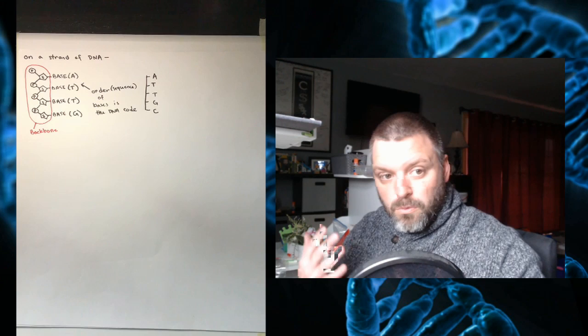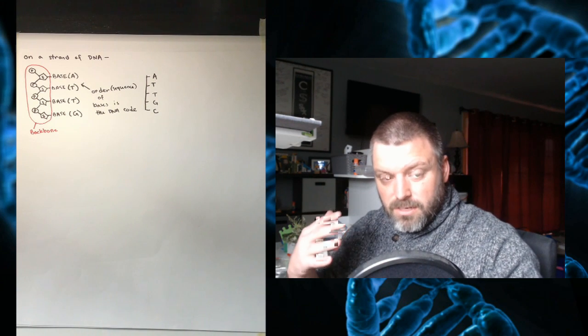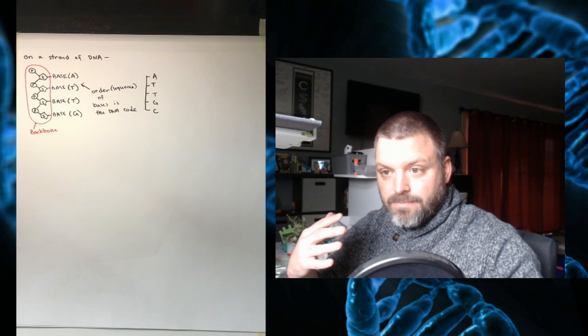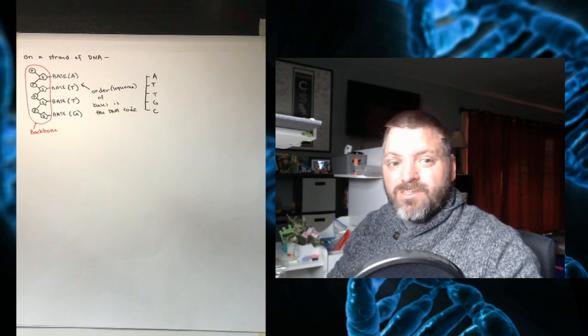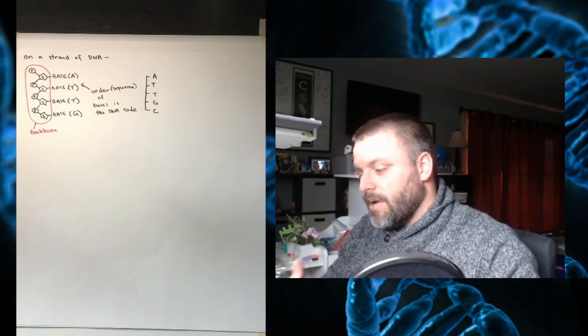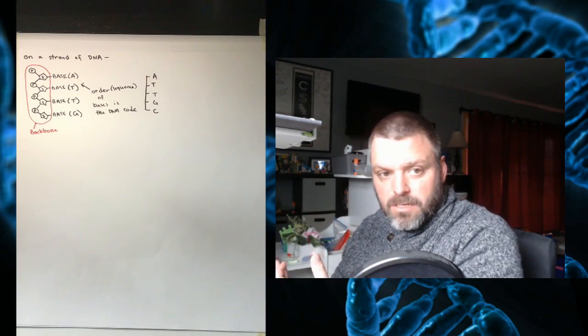And just like with words, they can be built of the same letters. Like you can have cat, C-A-T, and you can take those same letters and rearrange them and make taco out of it, T-A-C-O, which means something completely different, right?